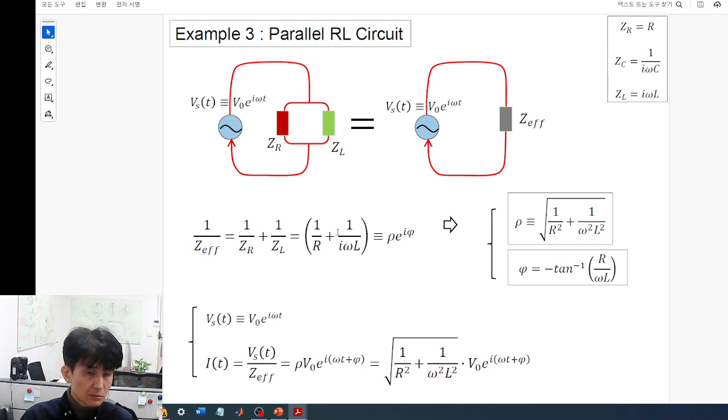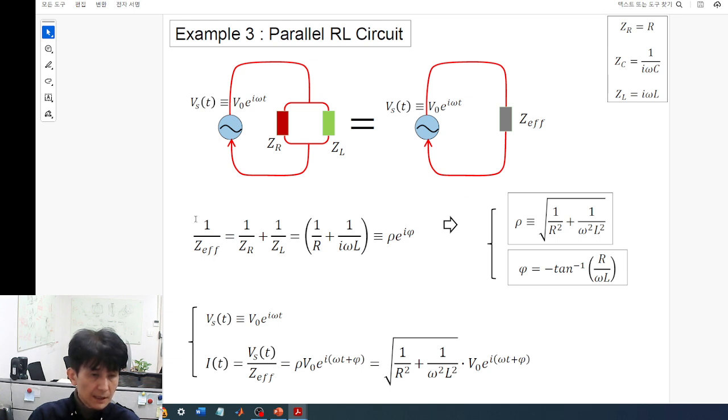So this addition is defined as rho exponential I phi, where this is 1 over Z effective. So we have the rho given as this and the phi given as this. As we have the I in the 1 over I, we can take the minus sign out, so we have this phi.